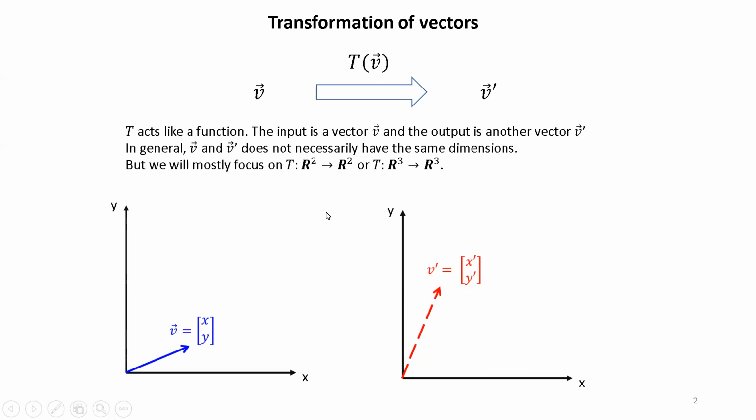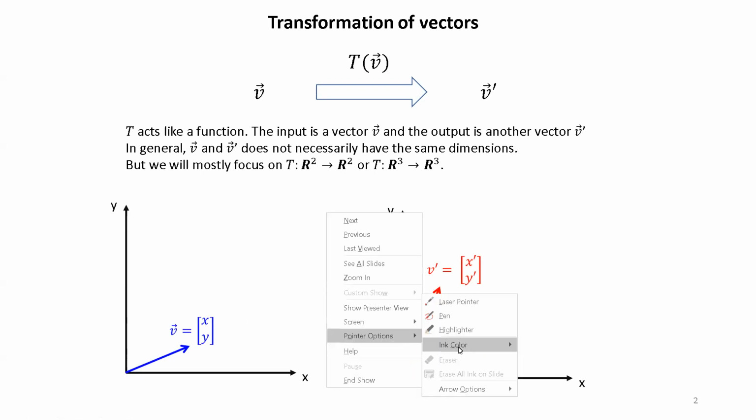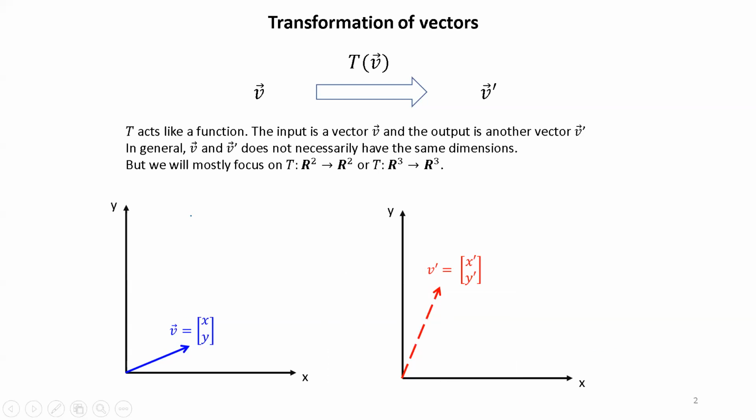If I consider the position vector of a point, v, usually we write it this way, where x and y are the x and y coordinates of your point.